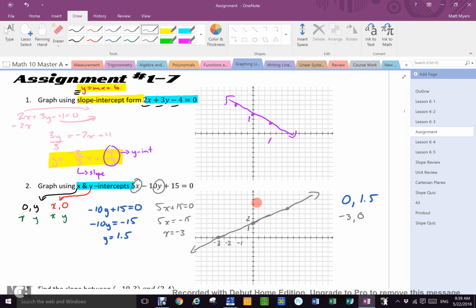So if there's a dot anywhere on this line, that dot has an x and a y, doesn't it? And where could those numbers go? Where could I put those numbers? Whatever they are, where can they go?